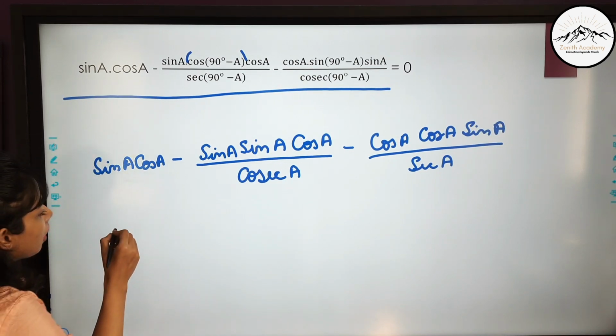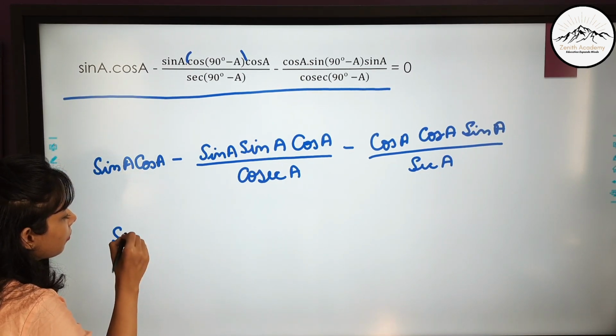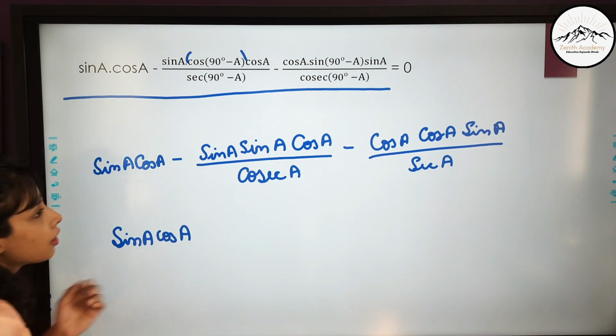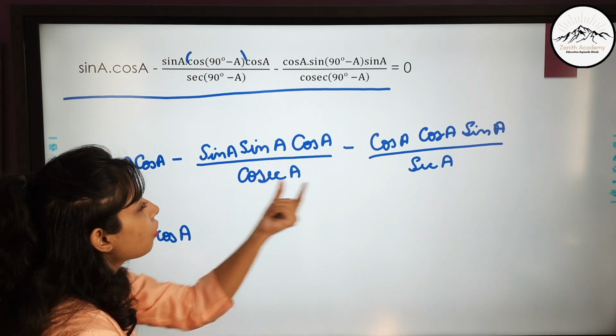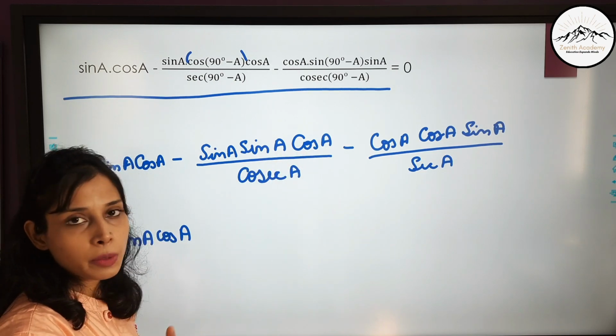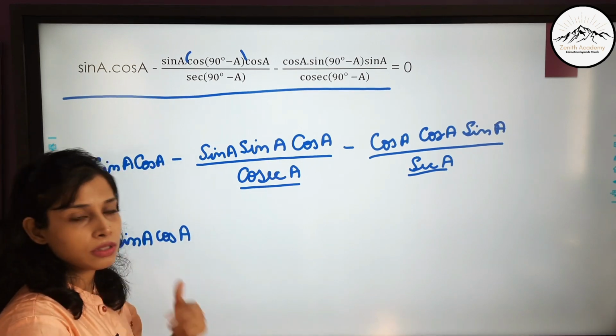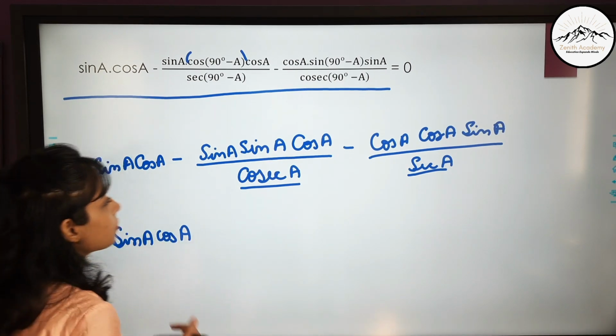Now, sin A cos A. If we see clearly, if we take all these terms in terms of cos and sin, it will be easier to solve. So it's better to convert cosec and sec into sin and cos.